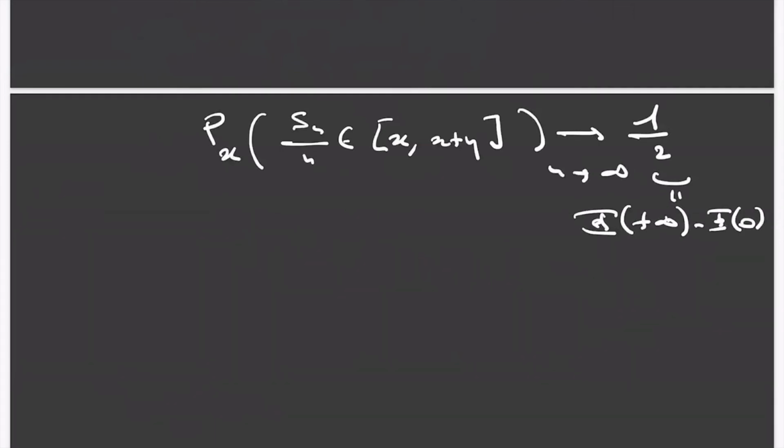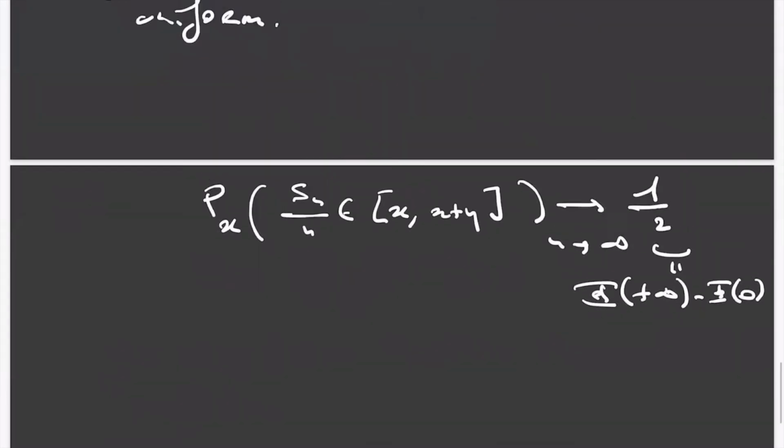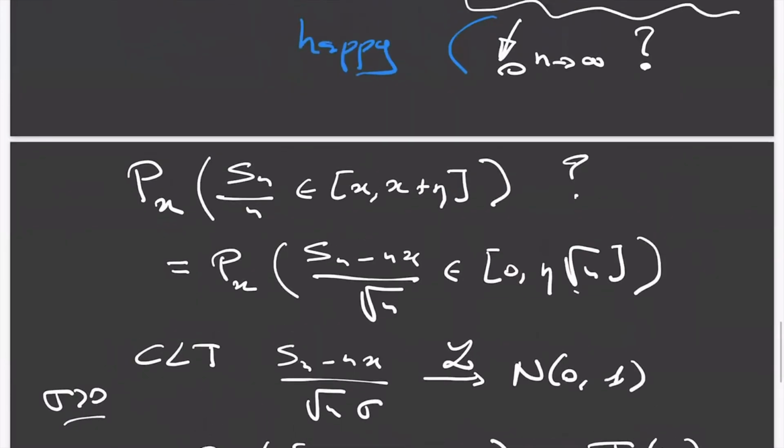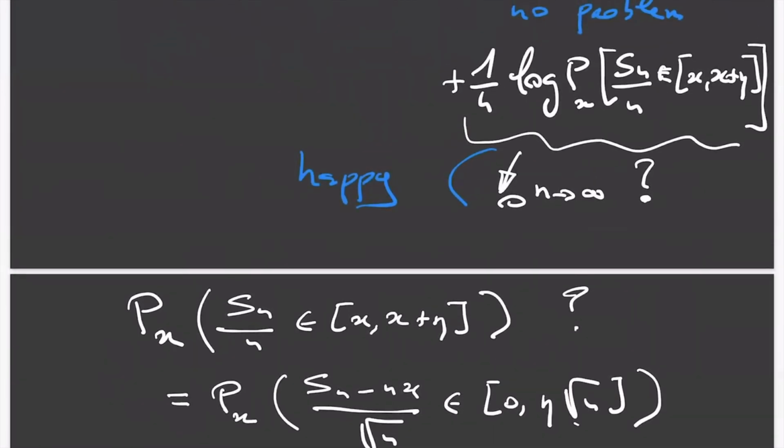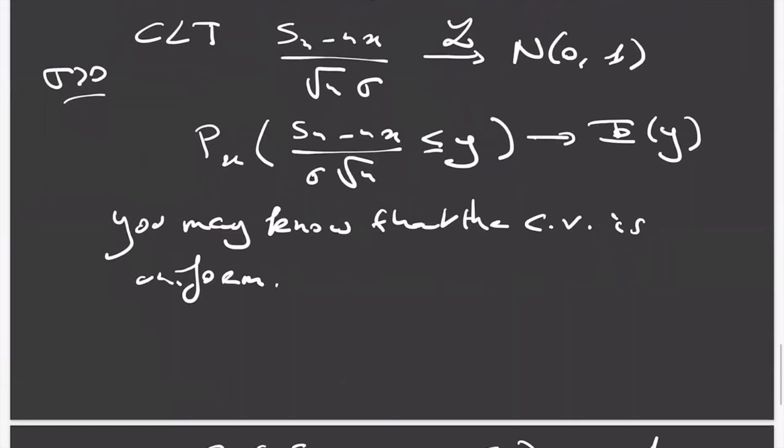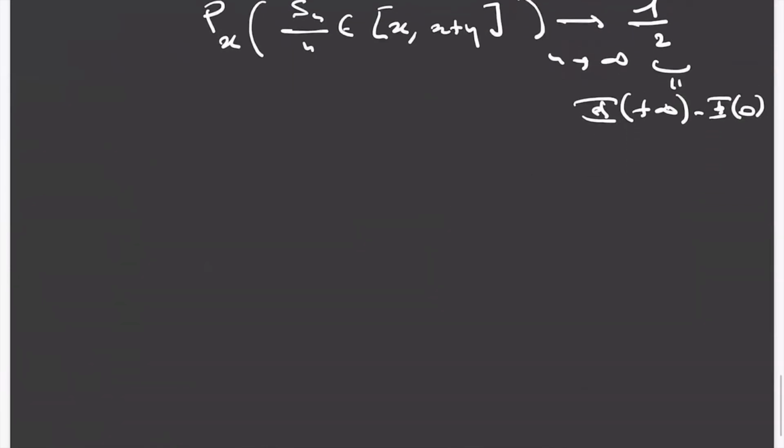Okay, so are we happy with that? Yes, we are very happy with that, because remember that the asymptotics we are looking at is simply taking the log of this quantity. So the log will go to minus log of 2, and plus 1 over n. So the 1 over n will completely destroy things, and we are happy at the end of the day.